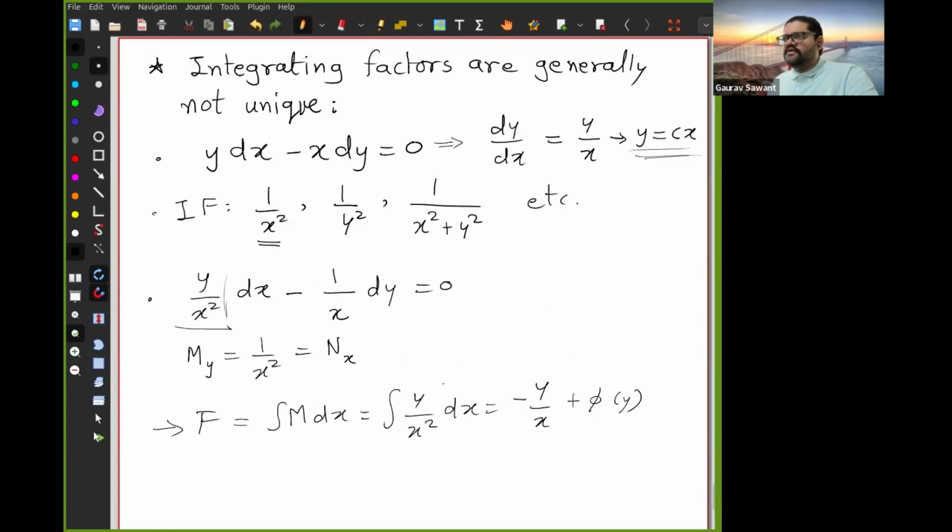When you take the other derivative, I will have f sub y equal to minus 1 over x plus phi dash y. But there is nothing else here which forces phi dash y equal to 0, therefore phi of y is some other constant.